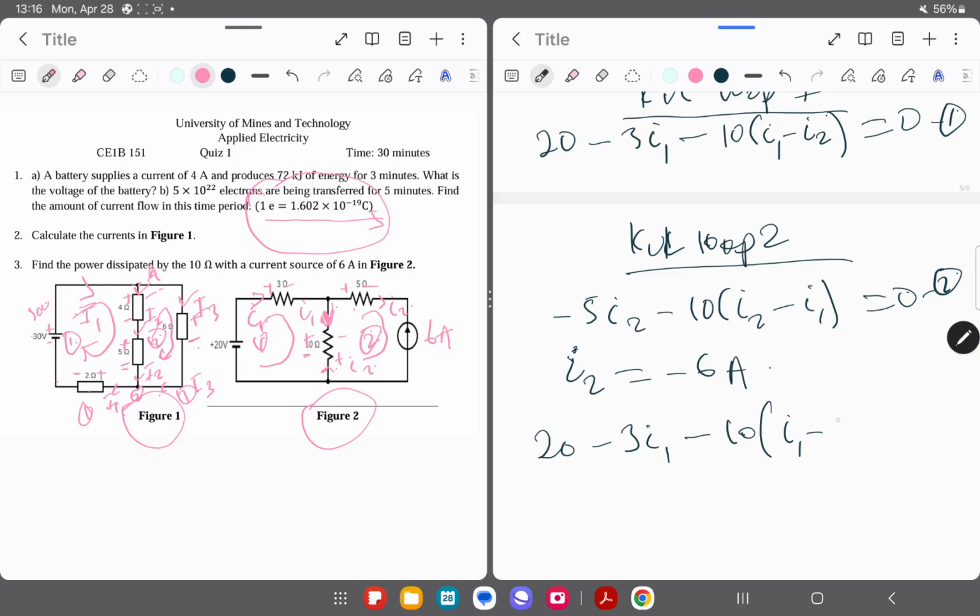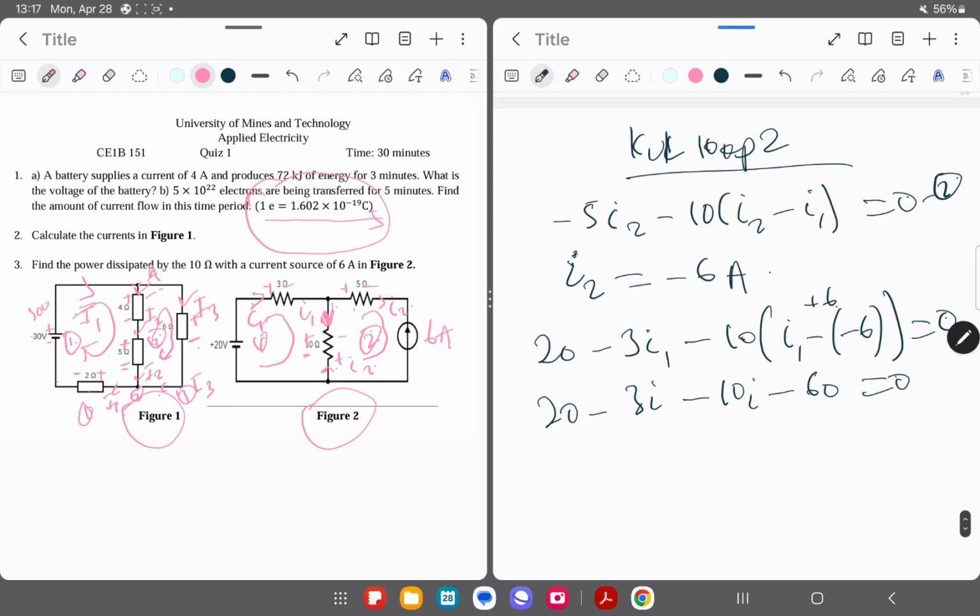So I have minus minus 6 here, equals 0. So I have my 20, minus 3i1, minus 10i1, here we positive, right? So positive 6, that will be plus 60, right? Equals 0.